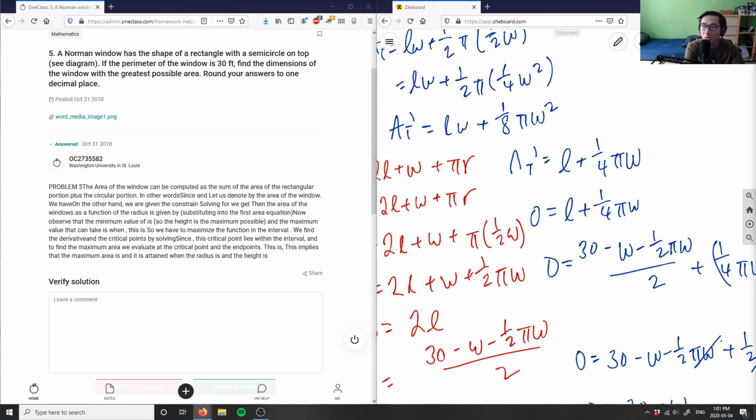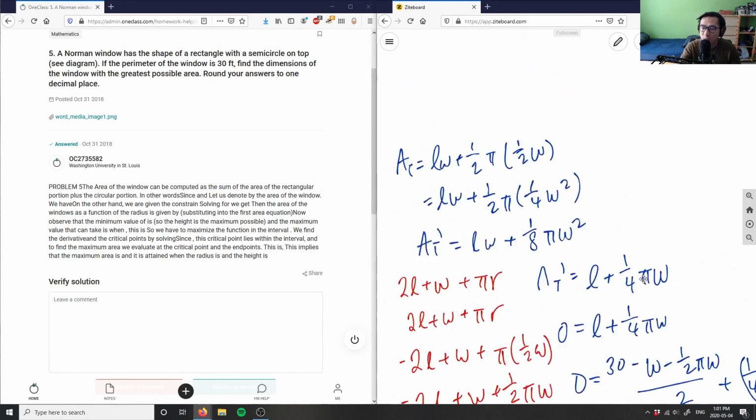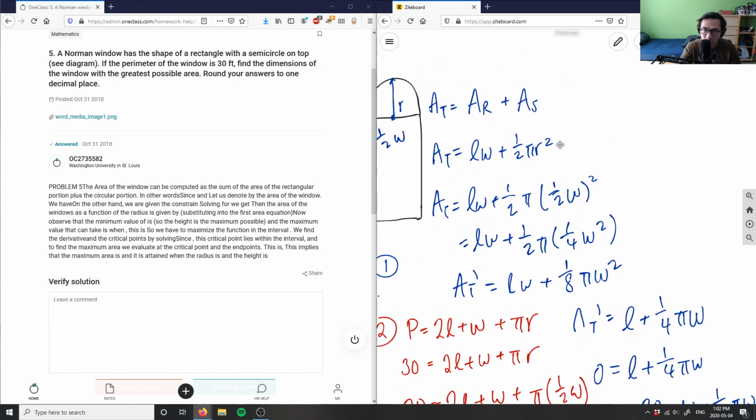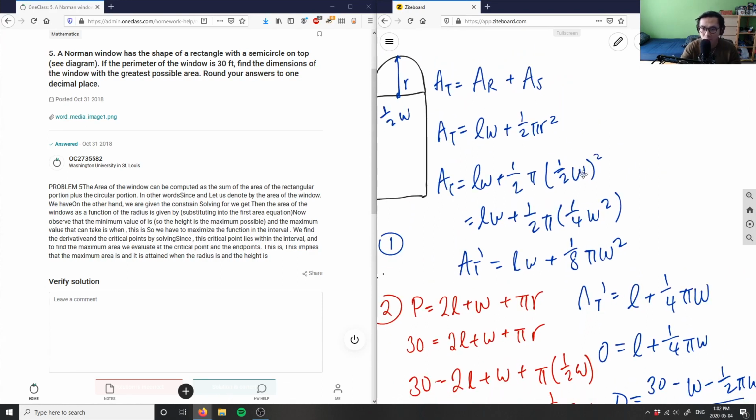Again, I have 30 minus w squared here, which is good. And let's see here. Area of the semicircle is half of pi r squared, and r is half of width, which here, if I squared both of those terms, I would get 1/4 w squared.